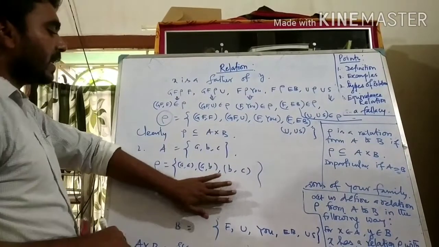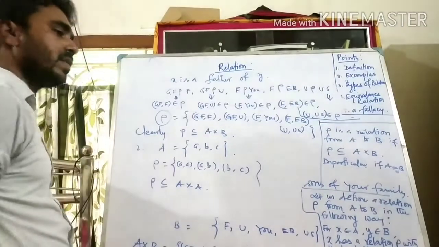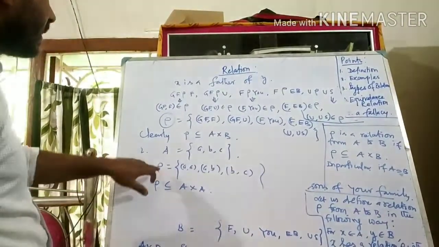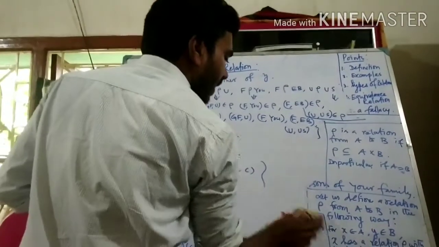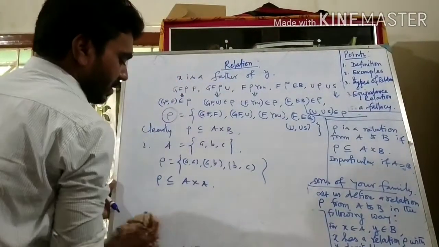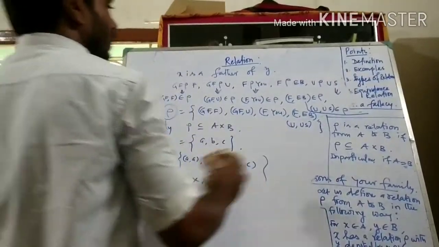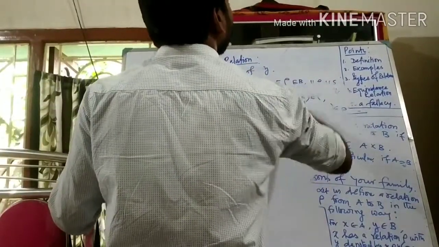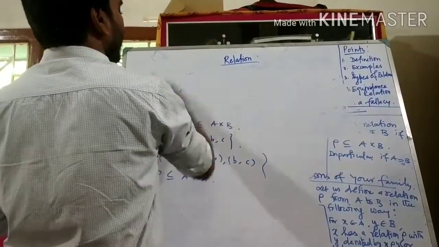It is clear that this is a subset of A cross A, which is trivial. So rho is a relation on the set A. We can get lots of examples like this. Now let us come to another point: types of relation.